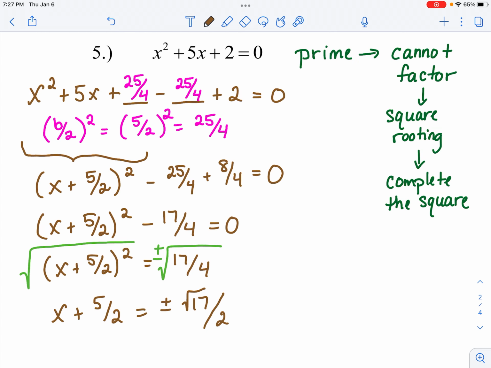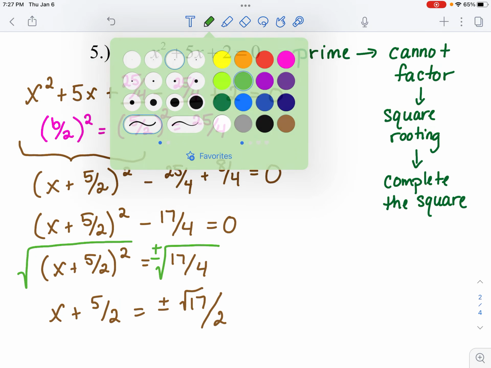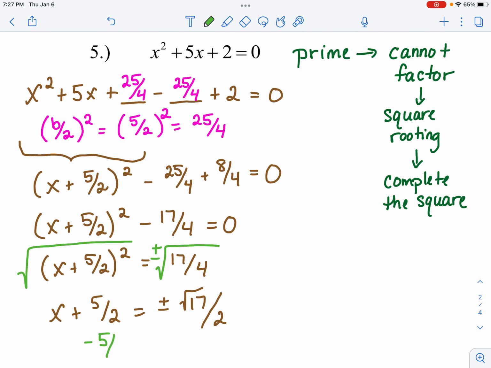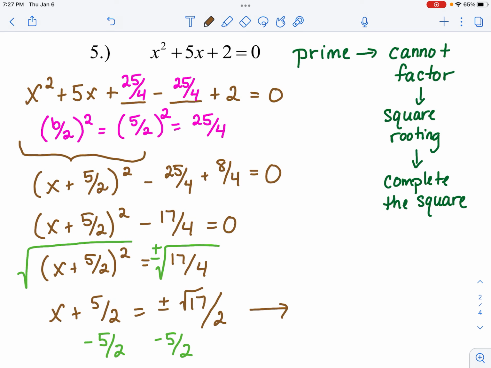Okay? So now where do I go from there? The only thing I really have left to do is I need to subtract the 5 over 2 over. So I'm going to go like this, subtract 5 over 2, subtract 5 over 2, and that's going to bring me to x equals negative 5 over 2 plus or minus the square root of 17 over 2.